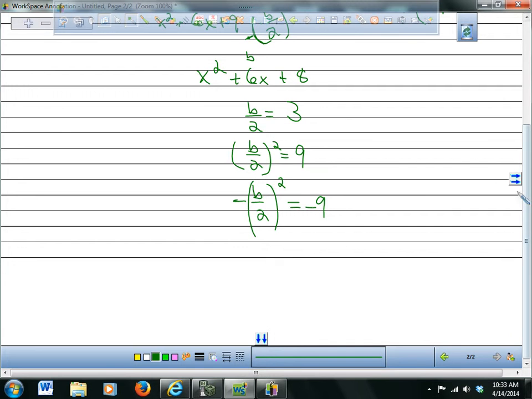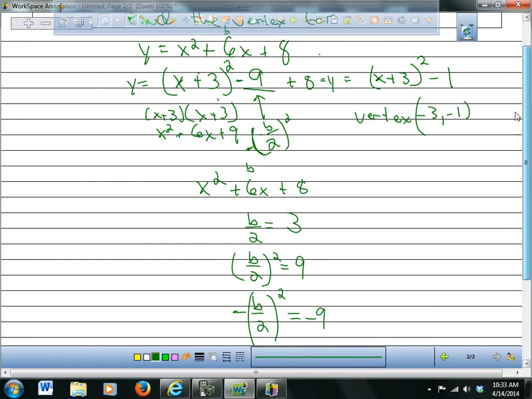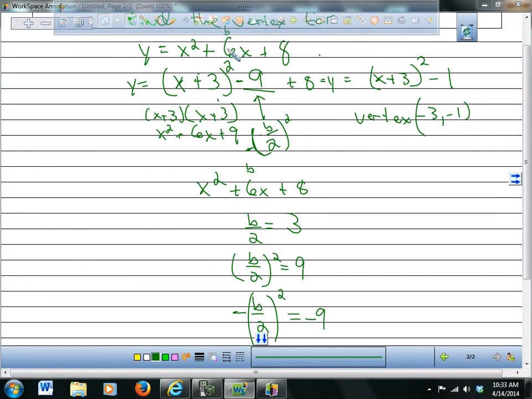See? So what I do is I take half of whatever that middle term is, and I square it, and then I make it negative. And that's what I subtract, or that's what I add to my completing the square. Okay? So it's a little tricky, but you can do it. Just follow the steps. So let's try again. Should we try again? Sure. Okay. Find the vertex.